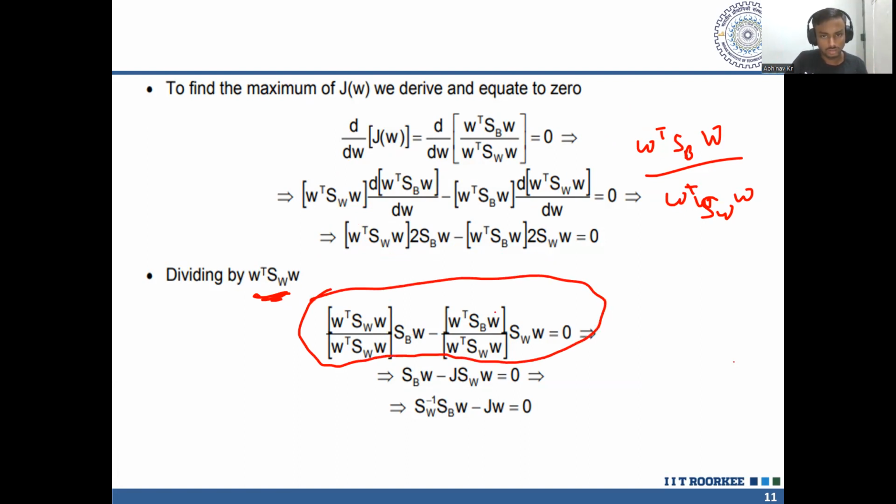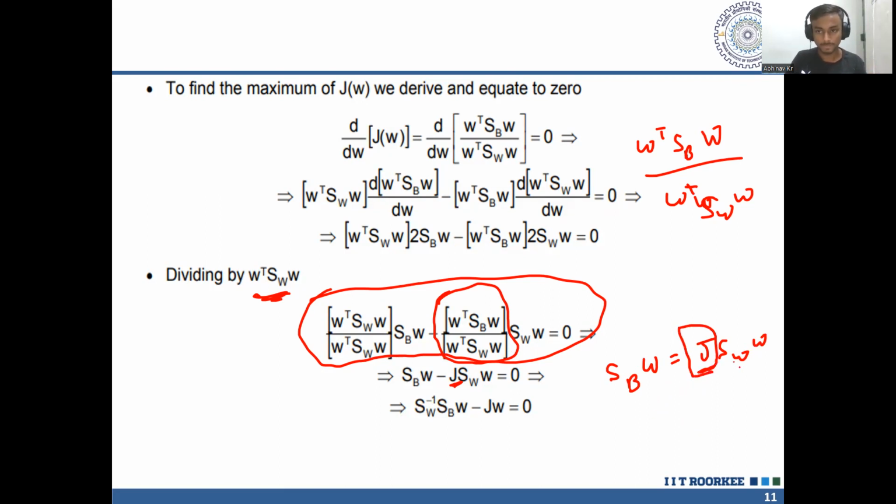And this one is actually your J, which we took earlier. This formulates into SB W equals J times SW times W. So what is our aim? Our aim is to find the maximum value of J, right?